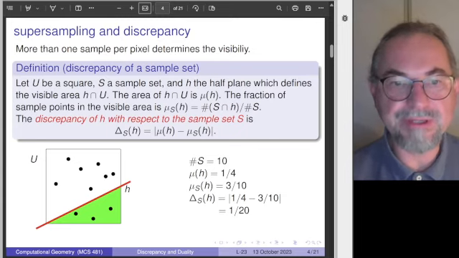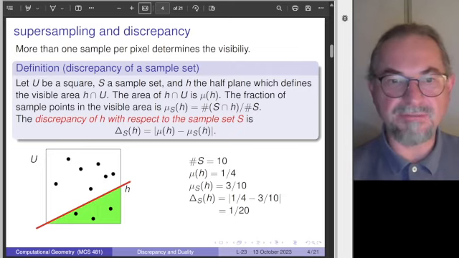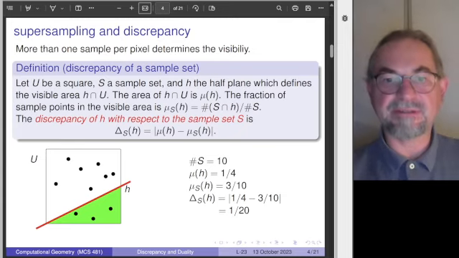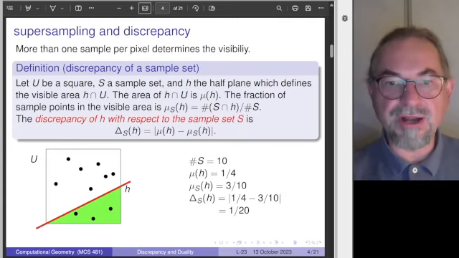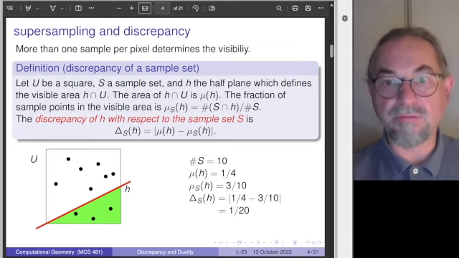So we have 3 dots that are below the red line out of a total of 10. So we have a sample set that is 10. So our approximation is 3 out of 10, which is not 1 over 4, but the error is 1 over 20.